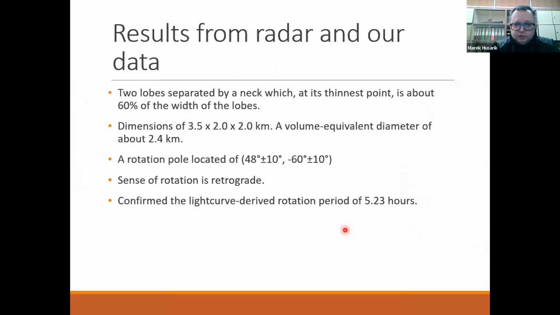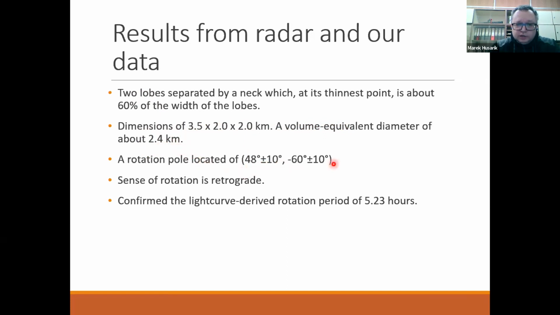Here is a picture of how the radar data look and how the synthetic shape of this asteroid looks. We found that this asteroid is composed of two lobes. This asteroid looks very similar to the Churyumov-Gerasimenko comet. Here are the typical sizes or values of the dimensions, and the typical volume-equivalent diameter of this asteroid is about 2.5 kilometers.